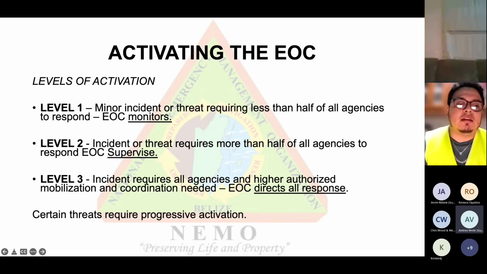Level 1 is where we have minor incidents or threats that require less than half of the agencies to respond. For example, a 1, 2, 3 days rain, or partial inundation in Chunox or Copper Bank.